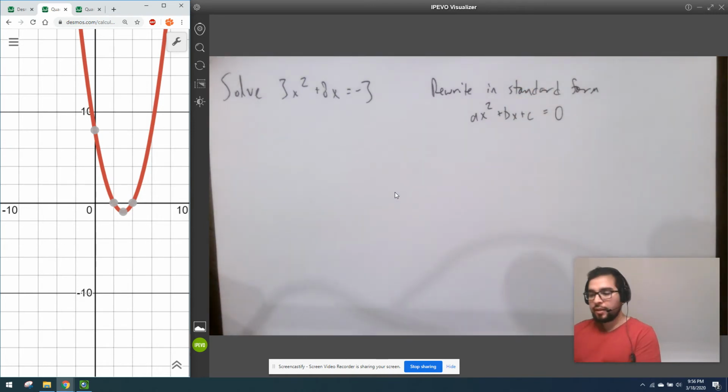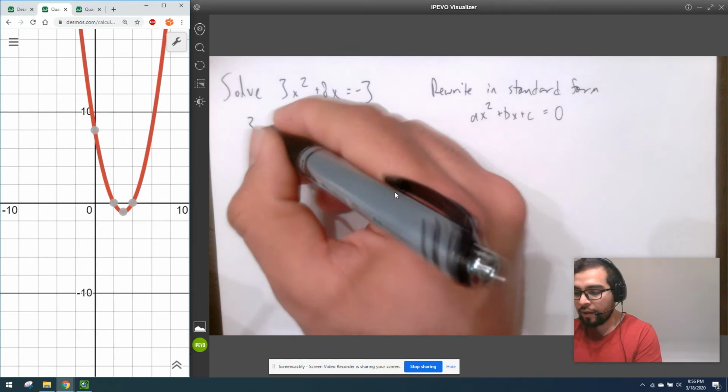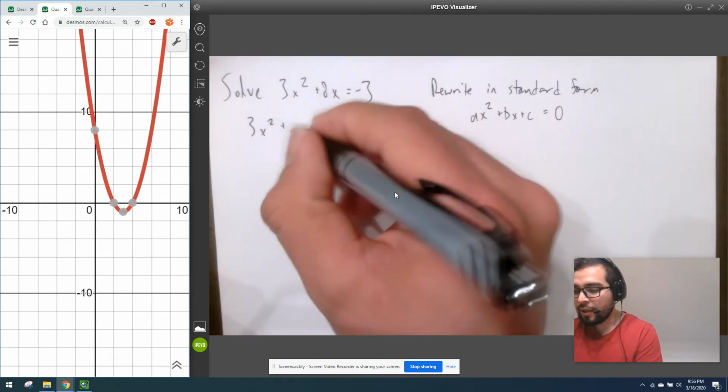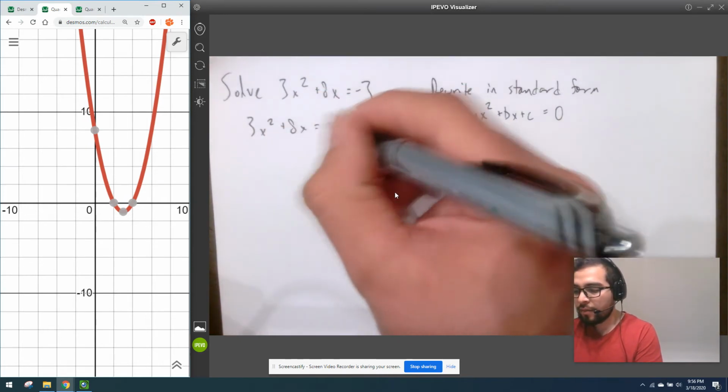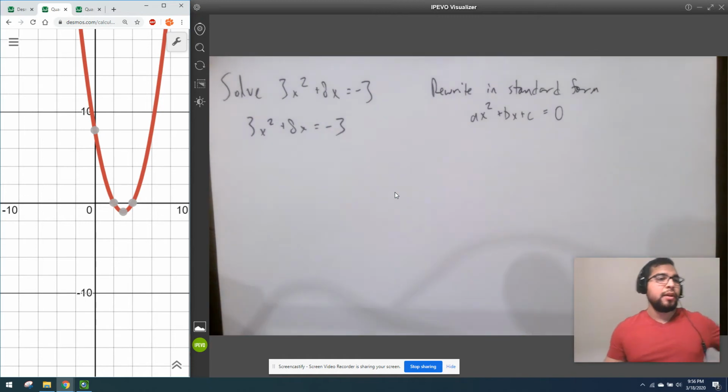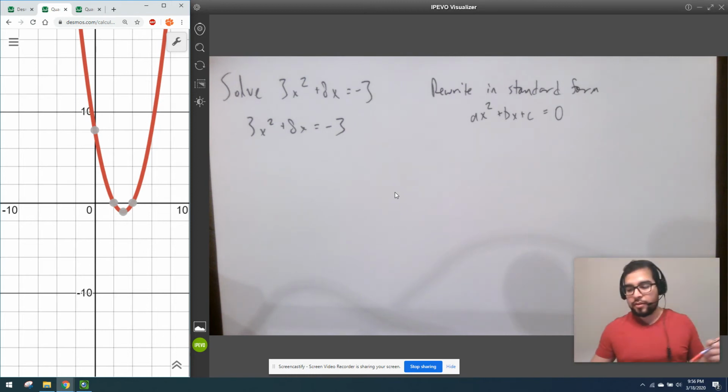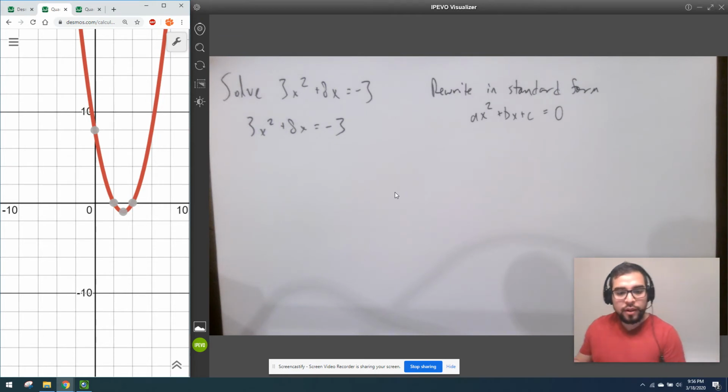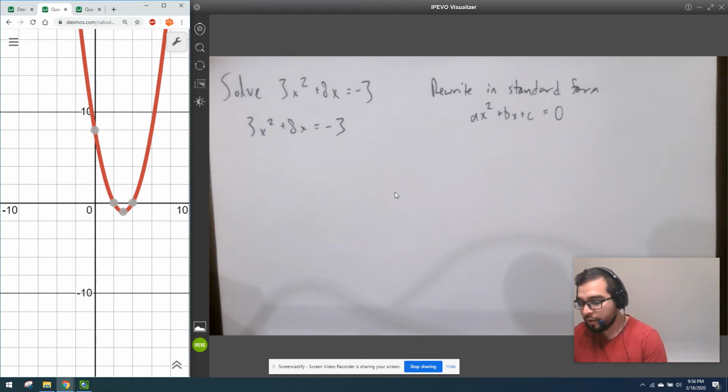In order to do that, I'm going to rewrite this right over here. Sorry, I had to get my other marker, my other pen. Okay, so what we're going to do is add 3 to both sides.